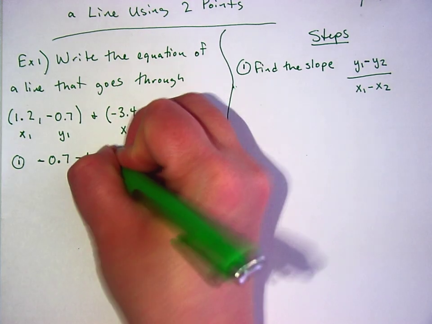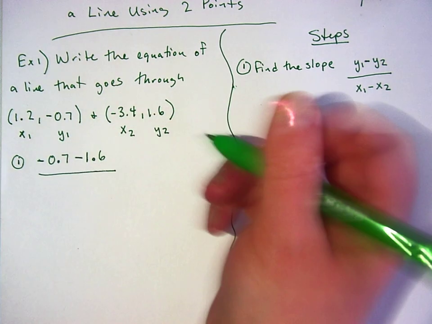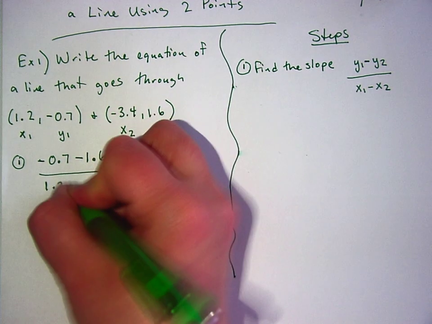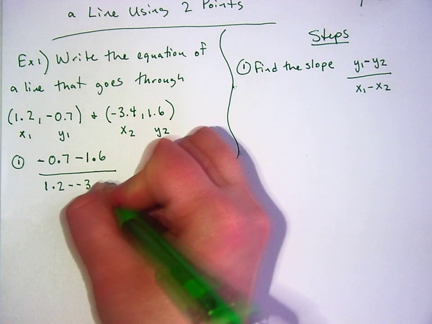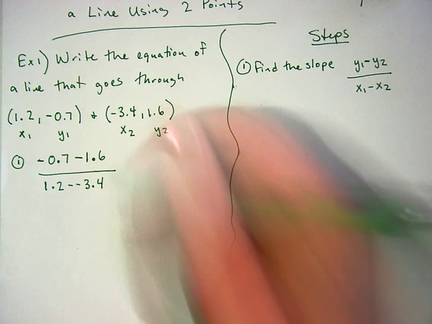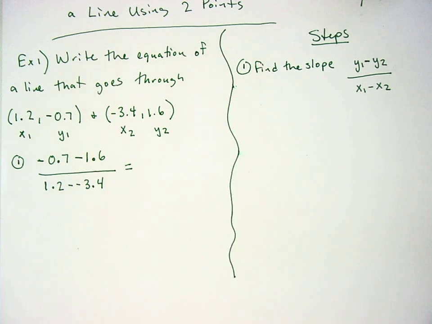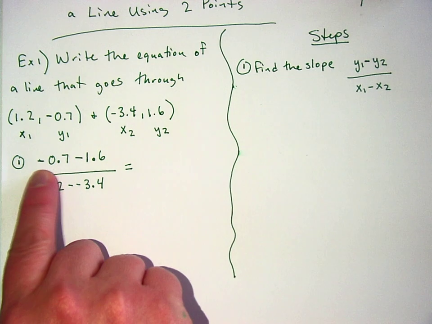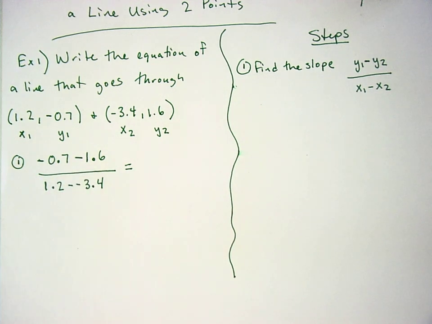Minus 1.6. Either in your head or in the calculator, take negative 0.7 minus 1.6.